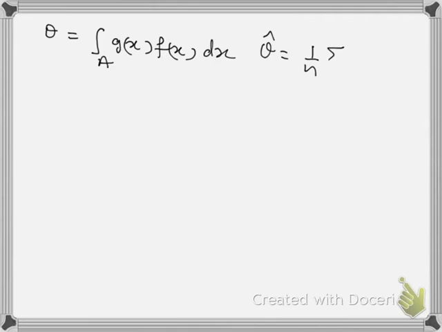Now, some properties of this theta hat. So remember the 2 key theorems that we use in Monte Carlo integration are central limit theorem and strong law of large numbers. So strong law of large numbers is used to get theta hat. So theta is the integral of g(x) f(x) dx over A. Theta hat is 1 over n sum of g(xi), i goes from 1 to n.